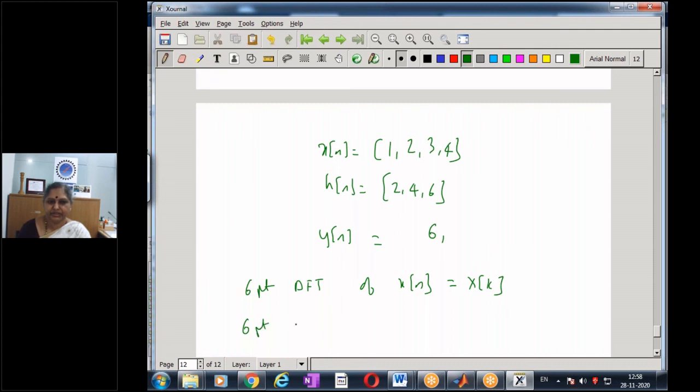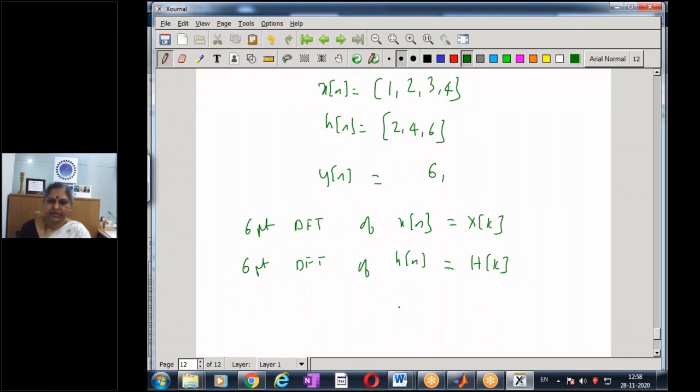Similarly, I compute a 6-point DFT of h of n, and that gives me H of k. Then I take the pointwise product, and I get my Y of k. Y of k is given by the product X of k into H of k.